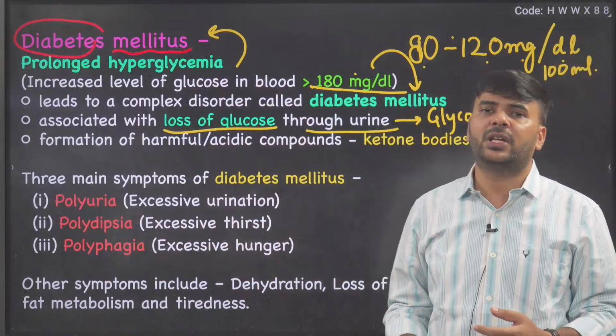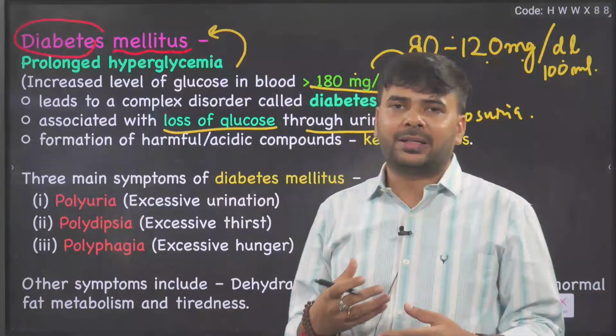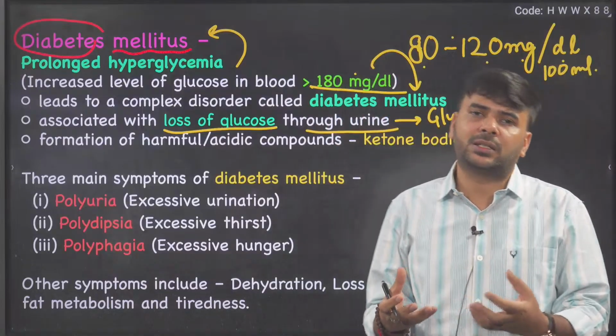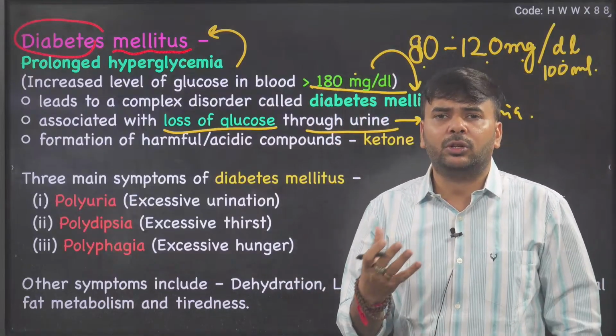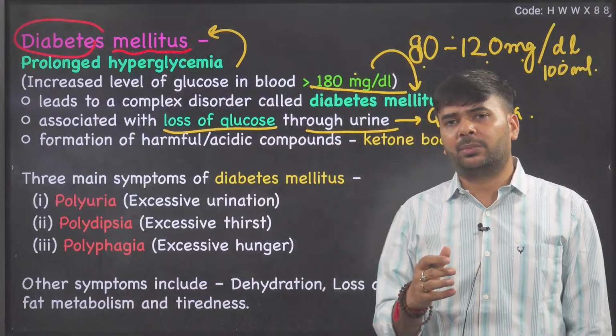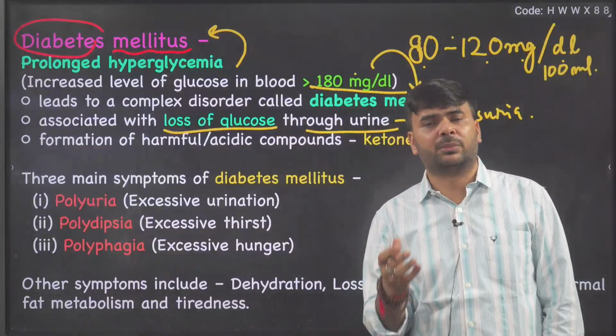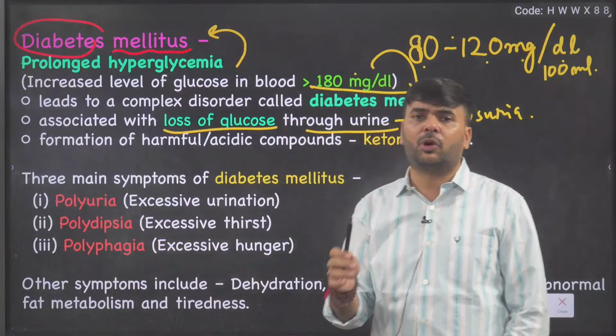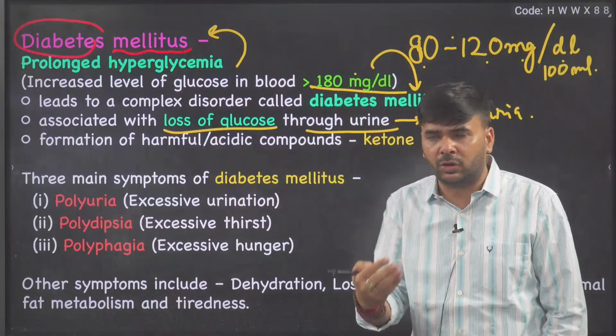Polyphagia means excessive hunger. They always feel they have low glucose, but actually in the blood there is high glucose. But body cells are not getting glucose. That's why polyphagia. They feel hunger always and always.